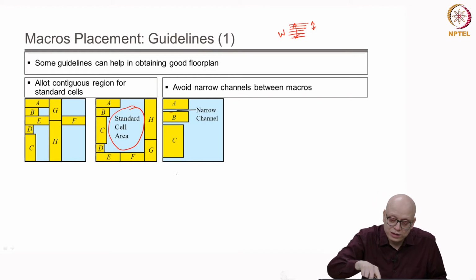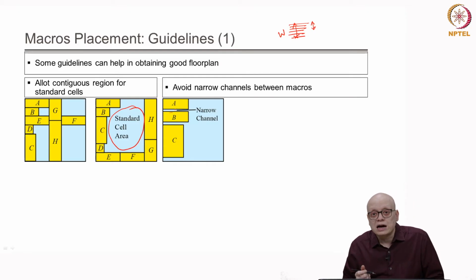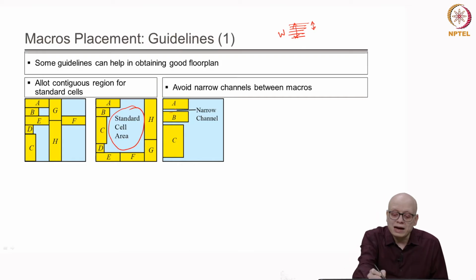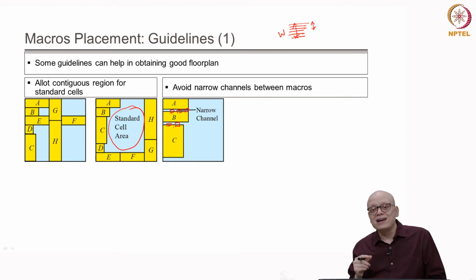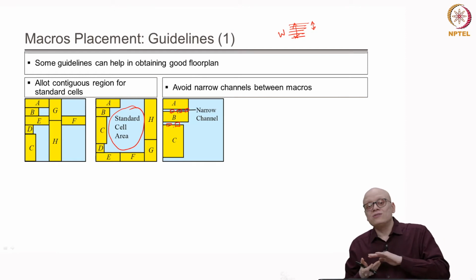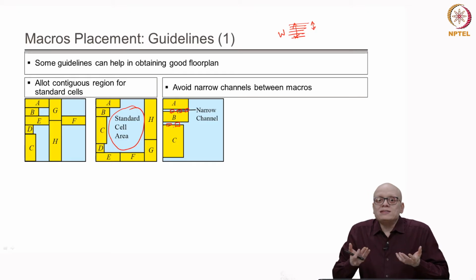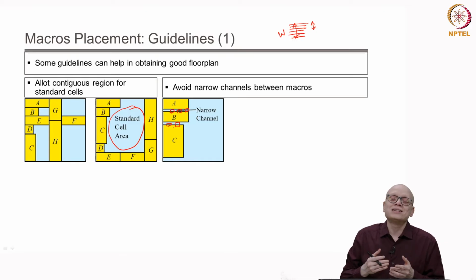Another reason why we should avoid this is that if we allow any standard cell to be placed in that region, the placement tool might actually place cells in these narrow channels. But since these channels are very narrow, later on if some optimization is required and the cell size needs to be increased, there is no space left for increasing the cell size, and therefore optimizations will be hit.